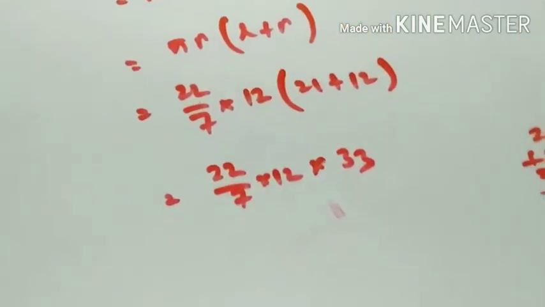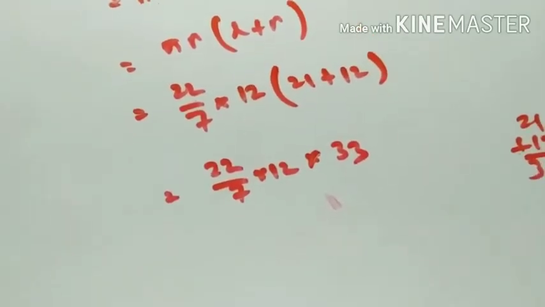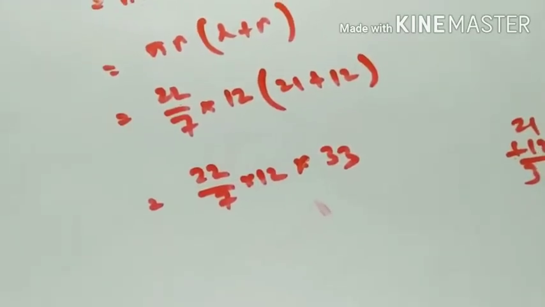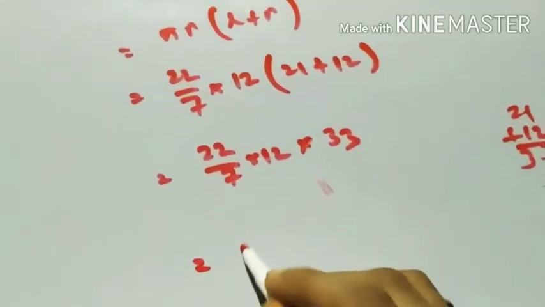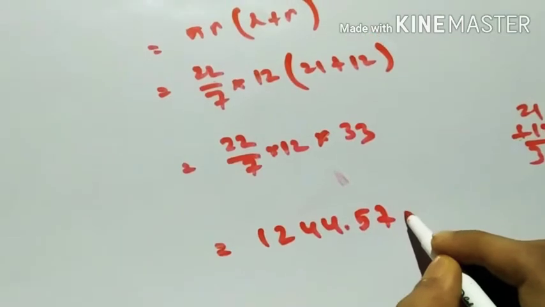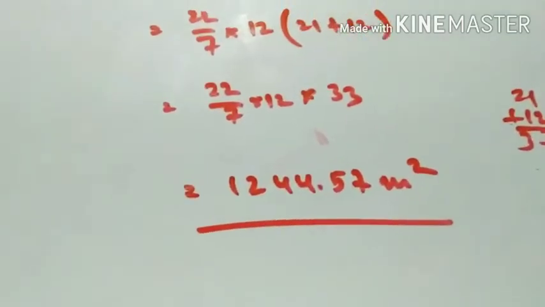Let's find out. 22 into 12 into 33 divided by 7 is equal to 1244.57 meter square.